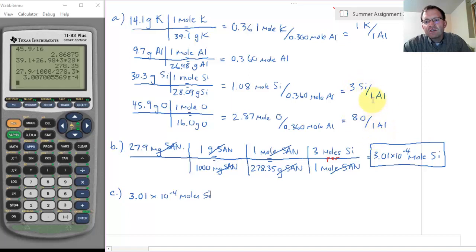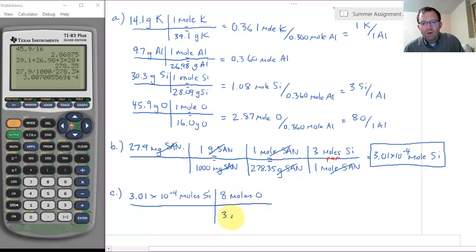And because those are linked to each other through the aluminums, we can simply say that there are 3 moles of silicon for every 8 moles of oxygen. And that's it, right? So what does that mean to me here? That means I'm one step from answering this question. I can simply say that there are 8 moles of oxygen for every 3 moles of silicon in this compound.